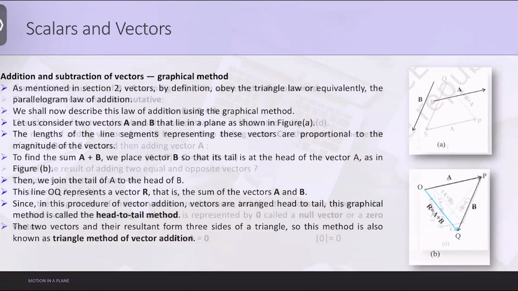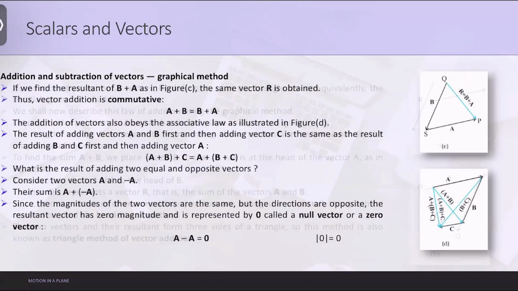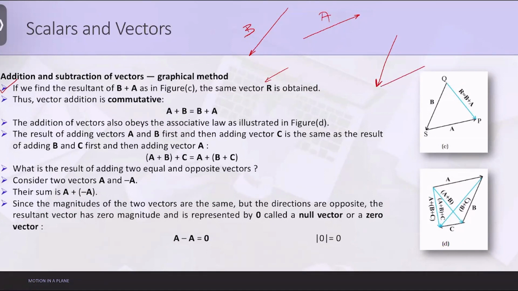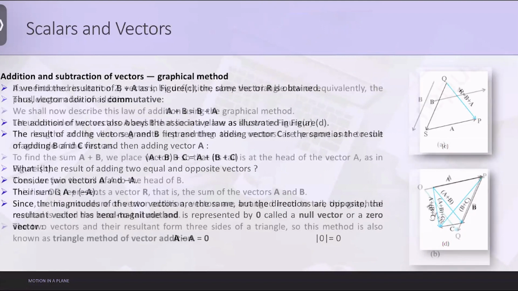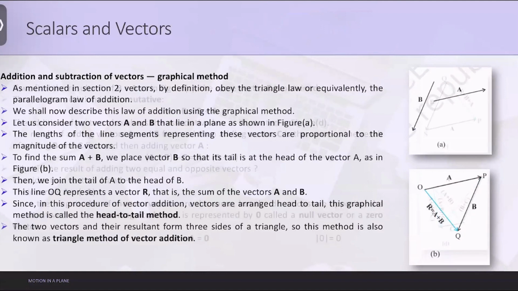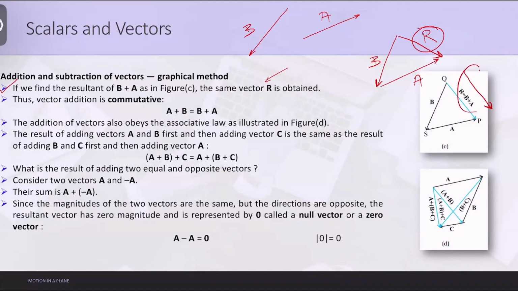This time we are doing it a little differently. We draw B and keep the tail of vector A on the head of vector B, so that this time we get a resultant like this. If you see clearly, R has the same magnitude as the previous R, and the direction is also the same.